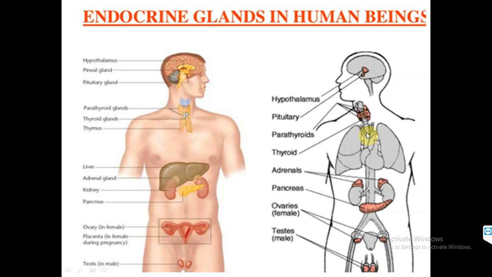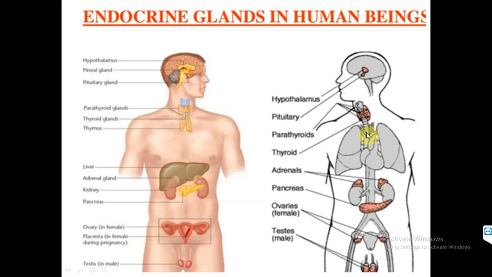There are many disorders caused by thyroid disorders. The deficiency or the excess secretion of this hormone can be problematic. Hypo and hyperthyroidism: when the thyroxine hormone is released in less amount, that's also a problem. The growth will be very less, and if it is secreted in higher amount, that is hyperthyroidism, growth will be very high.